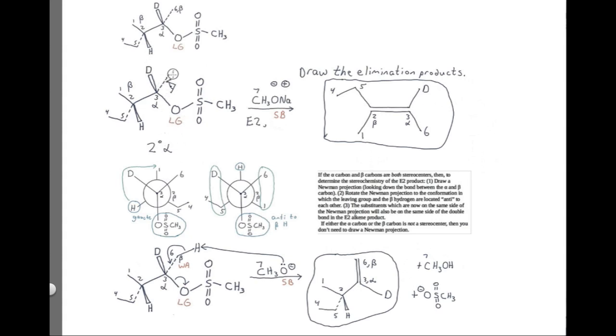In this particular reaction, the deuterium didn't react at all. The deuterium didn't participate in the reaction because it was on the alpha carbon. When you're doing an E2 reaction, you don't use the hydrogen on the alpha carbon. You use the hydrogen on the beta carbon. So since the deuterium was on the alpha carbon in this problem, there was no reason for the deuterium to participate in the reaction.